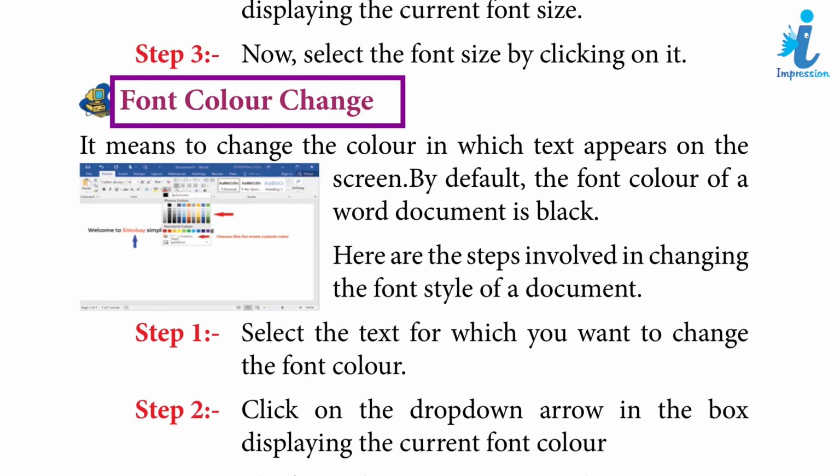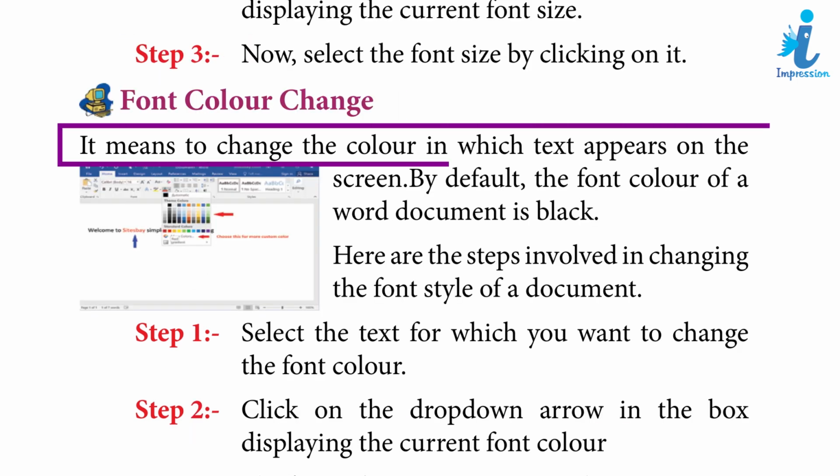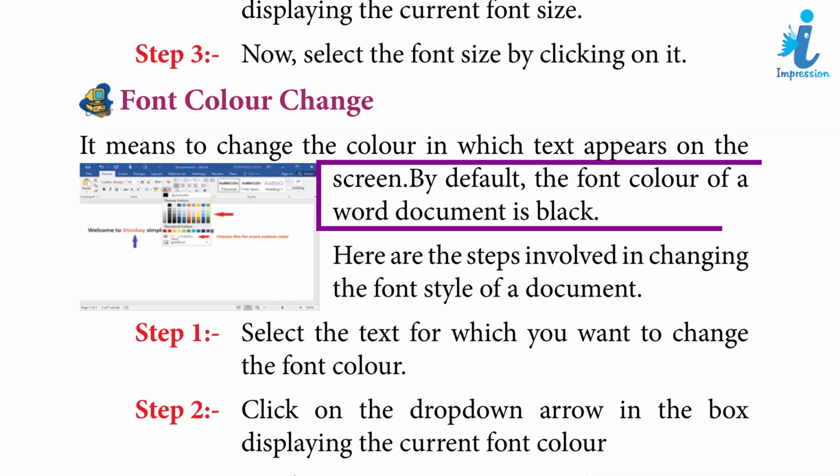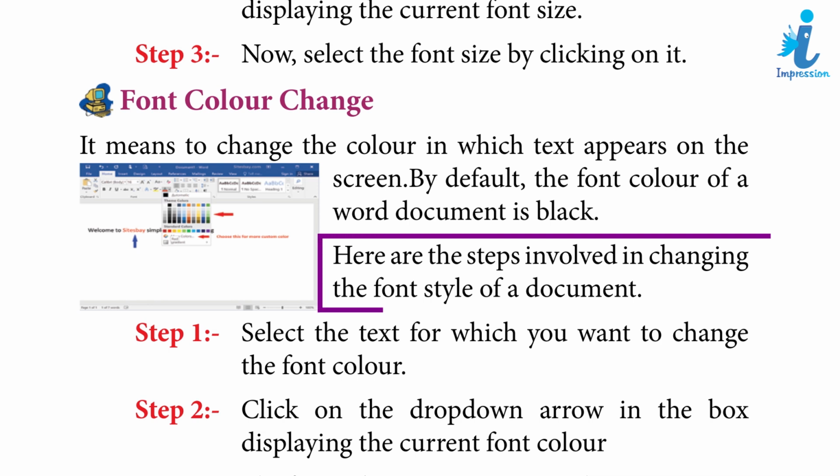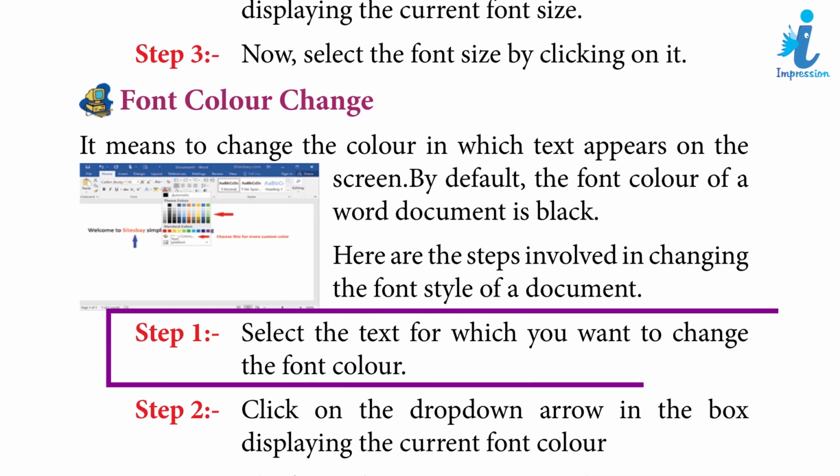Font color change. It means to change the color in which text appears on the screen. By default, the font color of a Word document is black. Here are the steps involved in changing the font color of a document. Step 1. Select the text for which you want to change the font color.